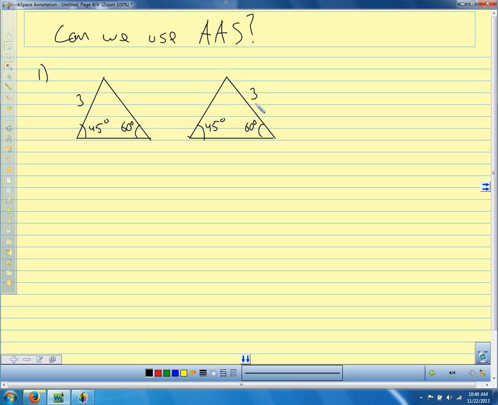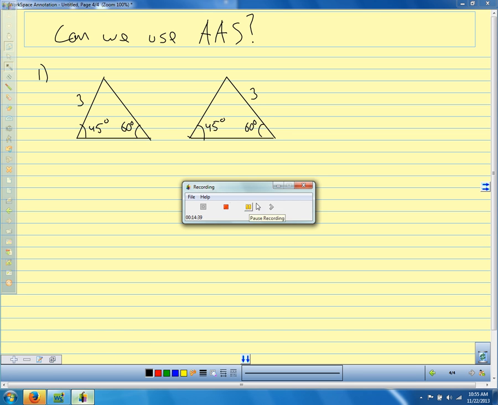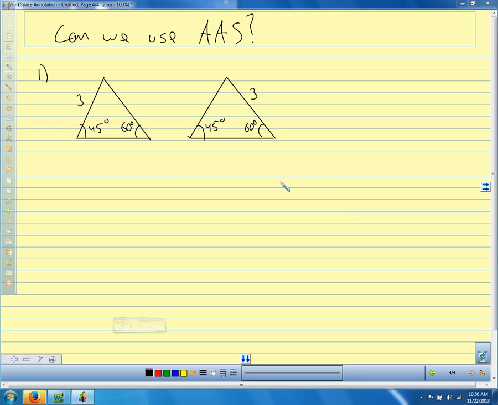All right. Let me do this really quickly. So can we use angle, angle, side here? We have two angles that are congruent and a non-included side that is congruent. Okay, Ashley says no. Why not? They're not in order, right?